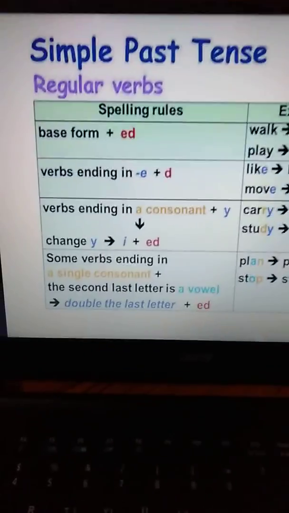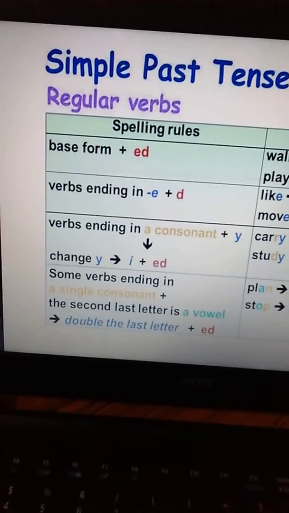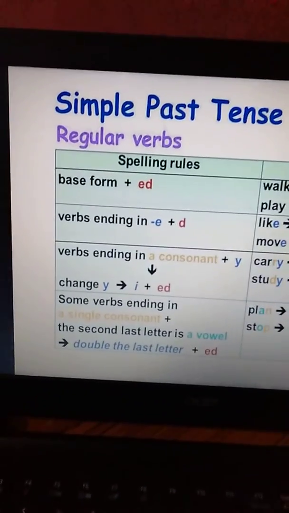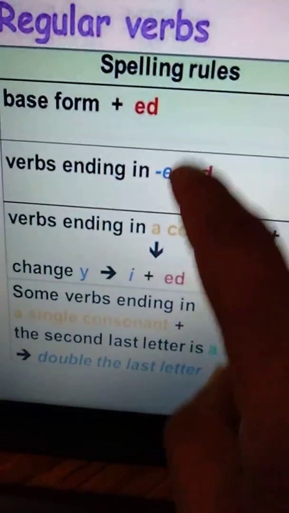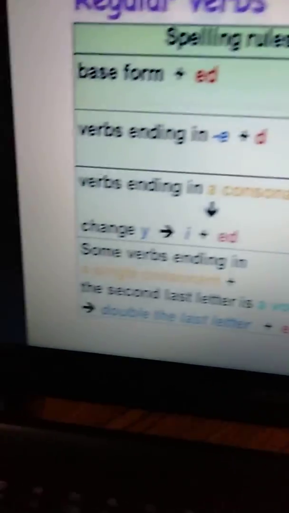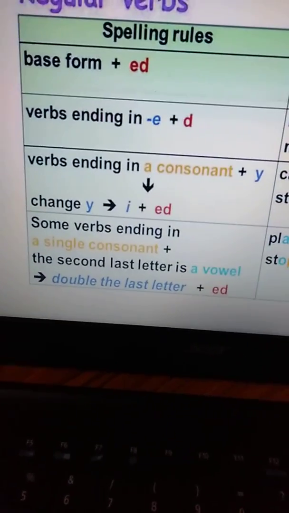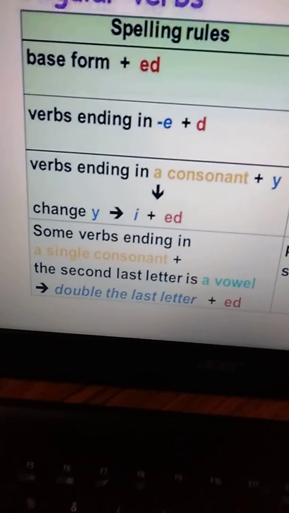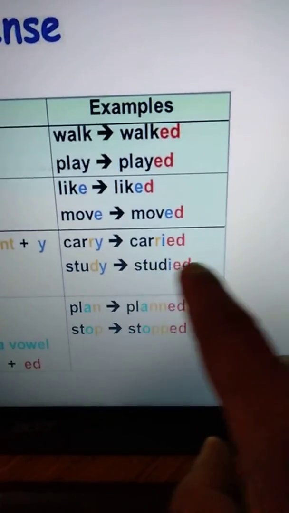So here, just for the spelling rules, we did this in the classroom. The base form takes ed, like walk, walked. But with verbs ending in e, we add just d, like like, liked, move, moved. And with verbs ending in a consonant plus y, we change y into i and we put ed, like carry, carried, study, studied.